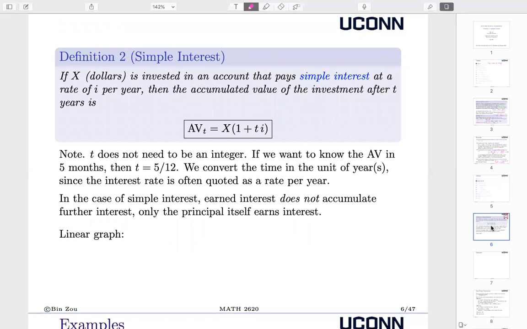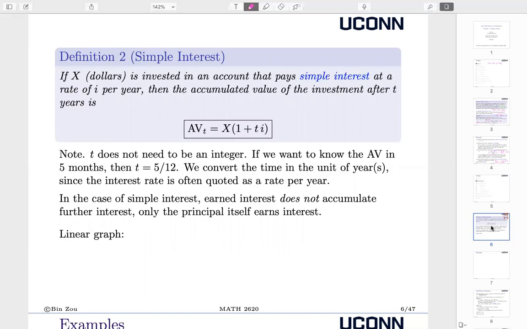So what is simple interest? Let's take a look at its definition. Let's say X dollars is invested in an account that pays simple interest at a rate of I per year or per annum. Then the accumulated value of this investment after T years is given by this formula.